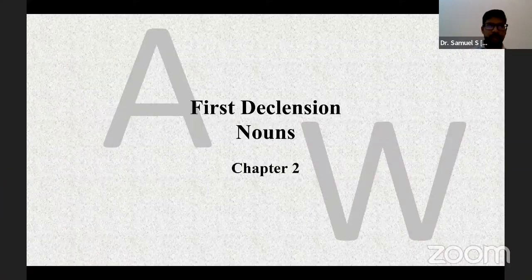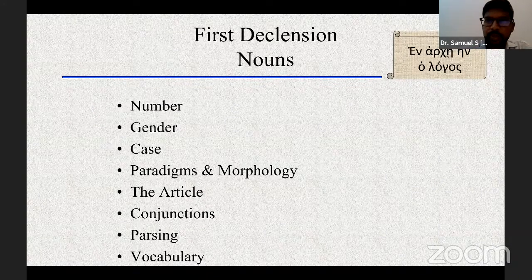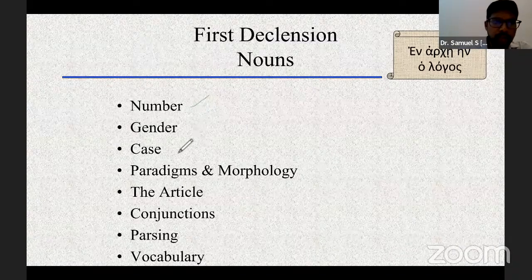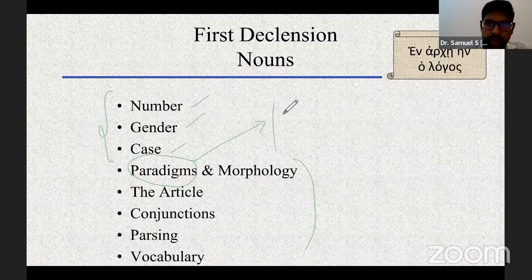All right. First declension nouns. We'll try to finish the entirety today. So we've already looked at number, gender, and case. We'll maybe very quickly run through them and then do paradigms. And paradigms are tables for declension.